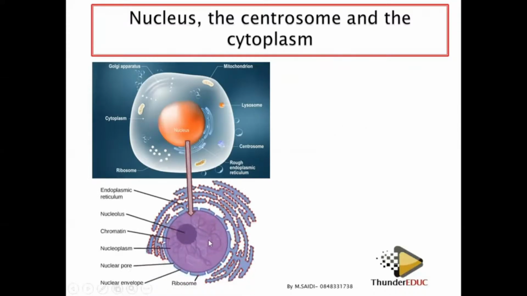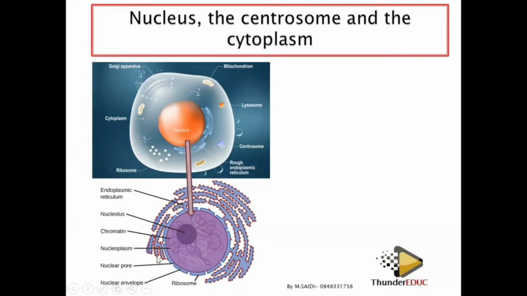So basically, that is the nucleus, and when it comes in the exam, it looks like this. The nucleus has a dense body which we call the nucleolus. Then outside the nucleus, you have the nuclear membrane, which has an extension which we call the endoplasmic reticulum. Because it has the ribosomes, it looks rough, so we call it the rough endoplasmic reticulum.